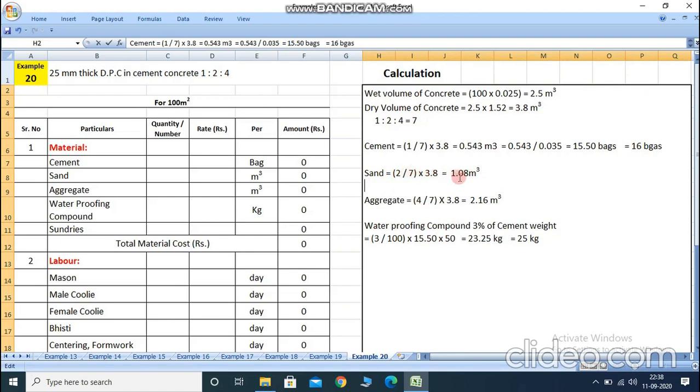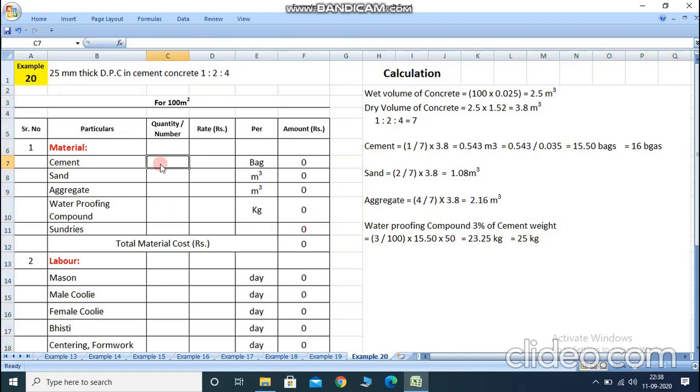So we got the answer 1.08 meter cube of sand, and for aggregate, 4 parts of aggregate divided by 7 multiplied by 3.8. So we got the answer 2.16 meter cube. Now for the waterproofing compound, 3% of cement weight, so 3 divided by 100 multiplied by 15.15 multiplied by 50. So we got the answer 23.25 kg, which means approximately we take 25 kg of waterproofing compound.